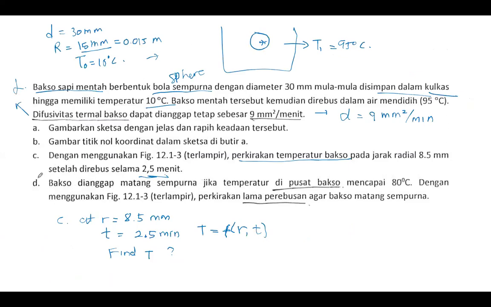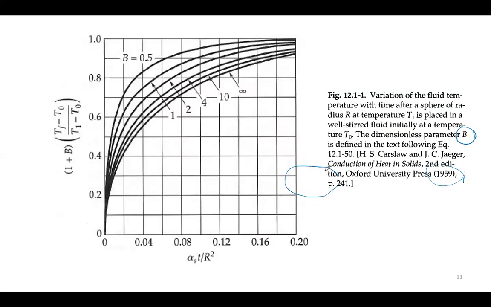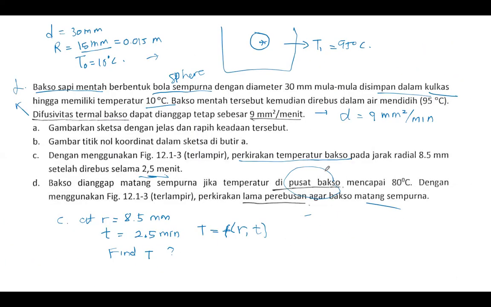If the bakso, the meatball, is considered fully cooked when the temperature of the center of the bakso reaches 80 degrees Celsius, how long do you need to boil the meatball so it is okay and you can finish the job? Any idea what we should do?